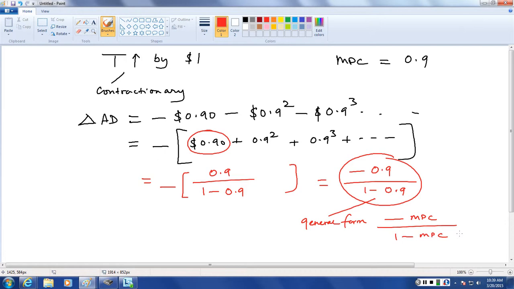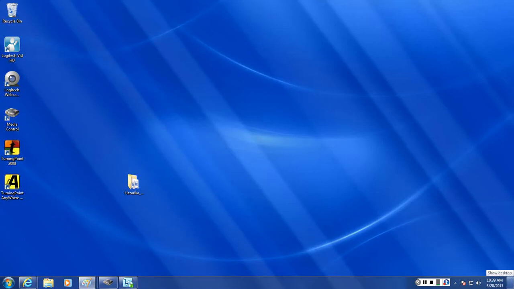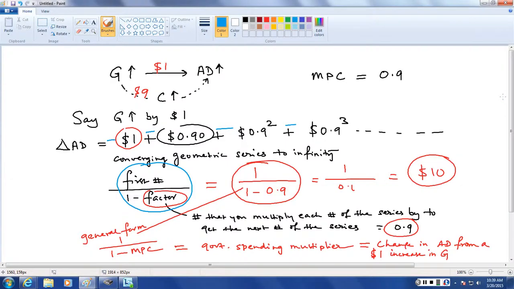Before I proceed here, if you look at the sequence of numbers inside the square brackets, how would you compare that to the sequence of numbers we had when government spending increased by $1? How would you compare this to this sequence here? What's missing? What's the difference?